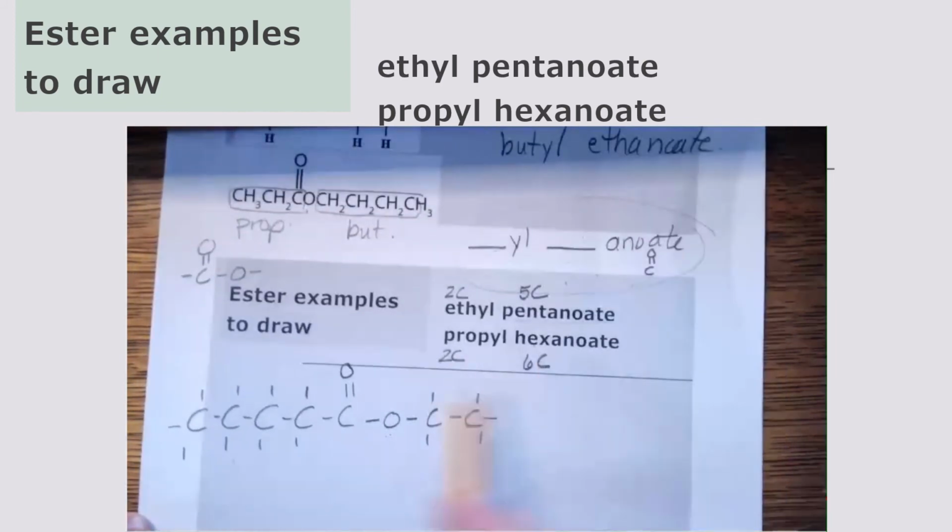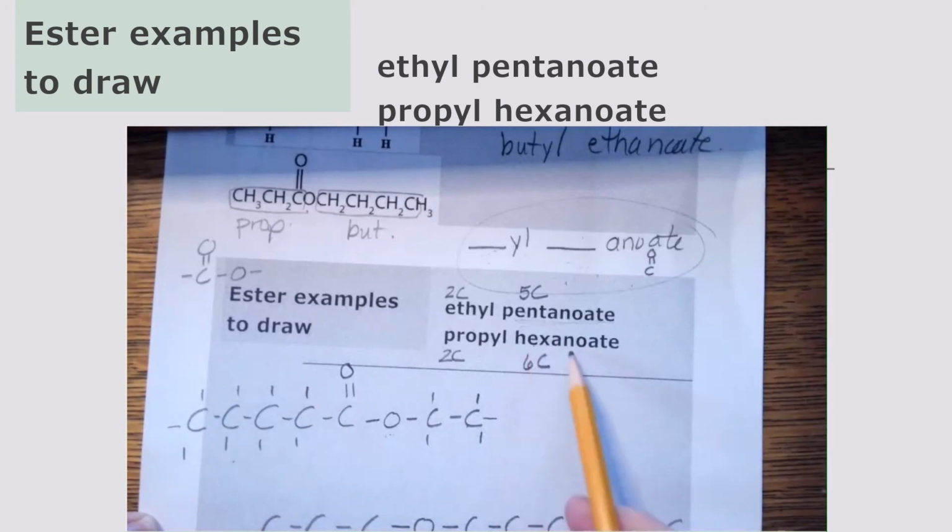So let's try this one. I have an O that broke up the chain, right? And on one side I have 6: 1, 2, 3, 4, 5, 6. On the other side I have 3.